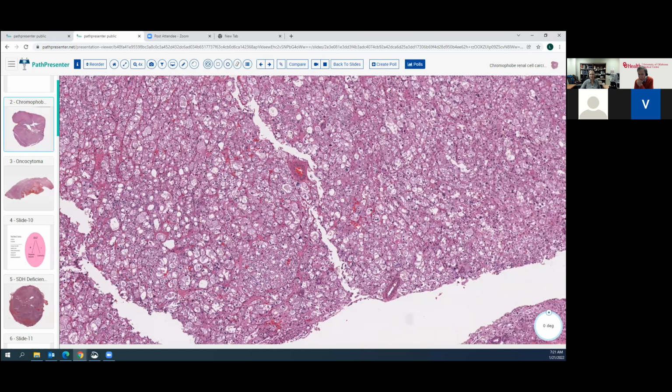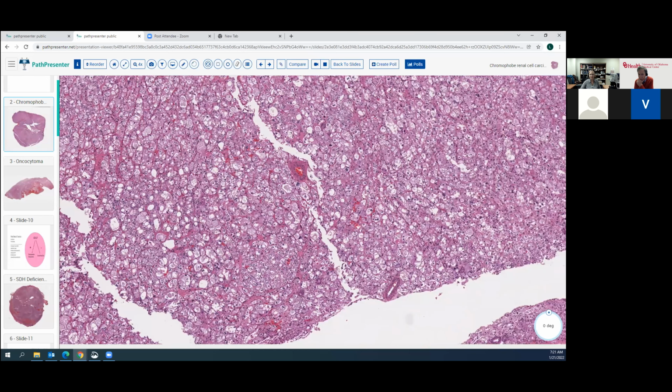Okay, so this is our next entity. Is there another question? I'll take care of that one. Okay, so this is a clear cell renal cell carcinoma, and I wanted to show this mainly to help us think that when these tumors get really high grade, they really do start turning pink, and they can actually start becoming more rhabdoid.